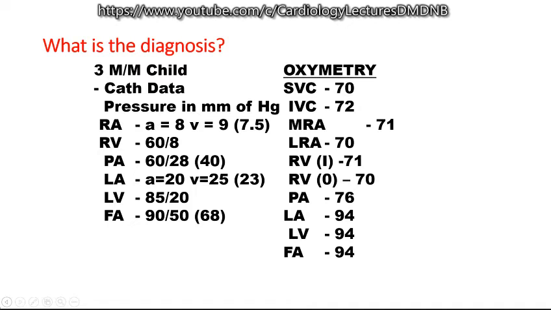So when a child has an elevated pulmonary artery oxygen saturation, it means that some oxygenated blood is coming to the right atrium or the pulmonary artery.